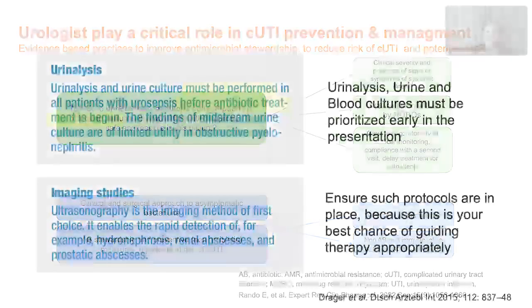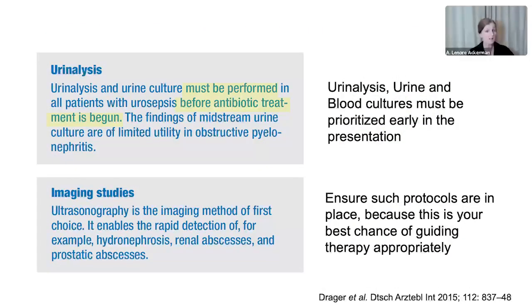So, if you do have a patient and you are concerned about them and you're not necessarily ready to give them antibiotics, or maybe you are, it's still incredibly important to make sure that we obtain urinary testing before antibiotics are given. So, we need a urinalysis, we need urine and blood cultures, and we need imaging studies before antibiotics are begun. Because, again, often our patients who fall into this category of having complicated UTIs have a bunch of other comorbidities that also could be contributing to changes in their baseline status.